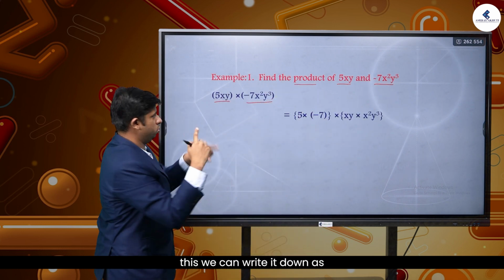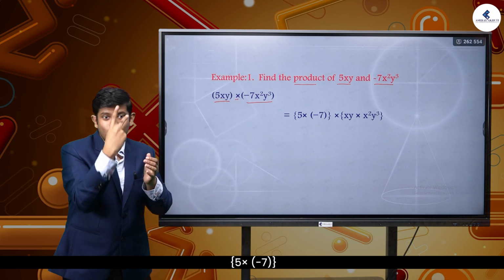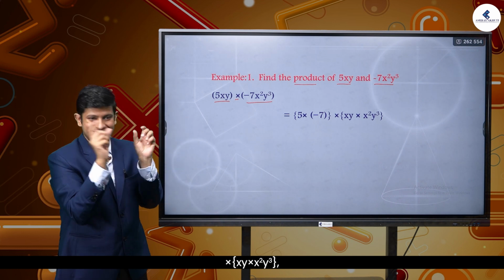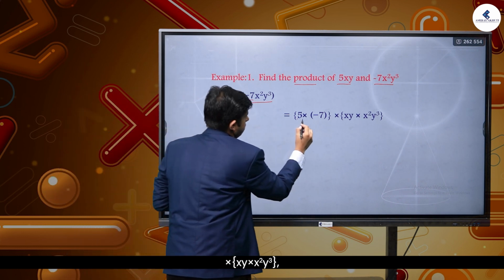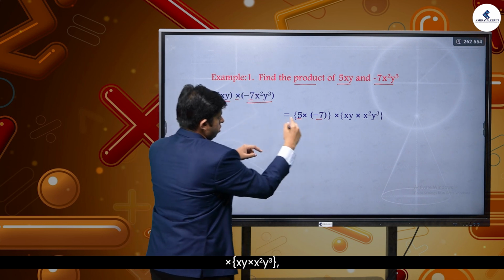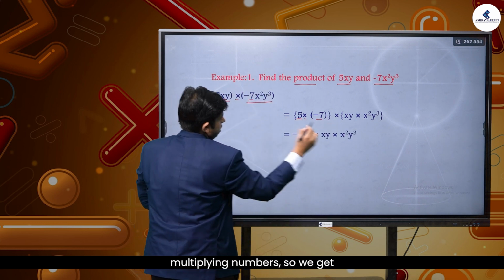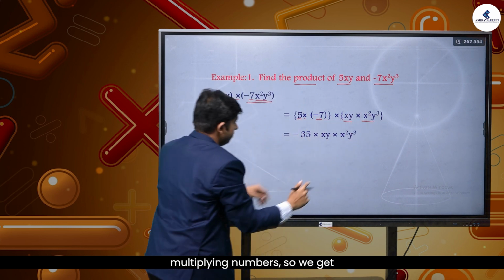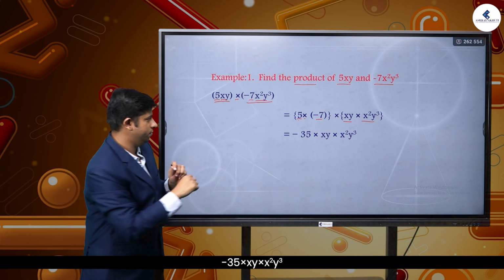This we can write as 5 into minus 7 into xy into x square y cube. Multiplying numbers, we get minus 35 into xy into x square y cube.